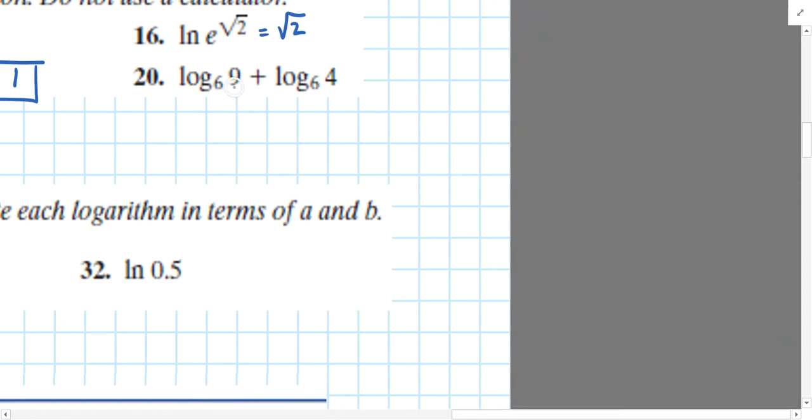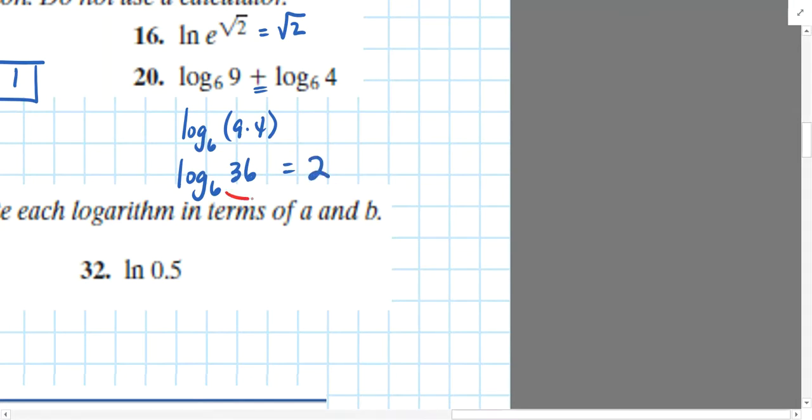Similarly with number 20, I don't know what log base 6 of 9 is. I couldn't tell you what that or this term is equal to, but by condensing them into log base 6 of 9 times 4, because the sum of two logarithms is the same as the product of their arguments, we now have log base 6 of 36, and that's equal to 2.